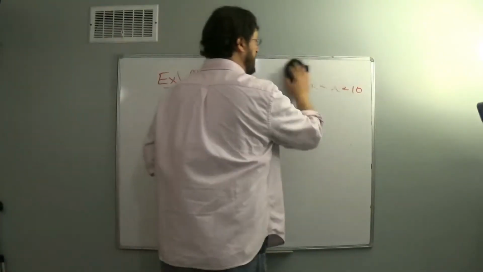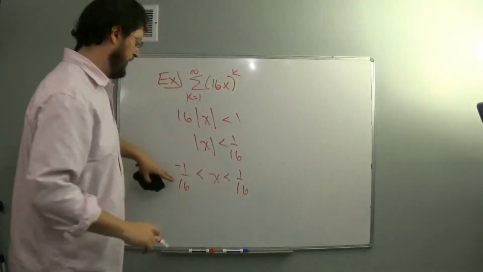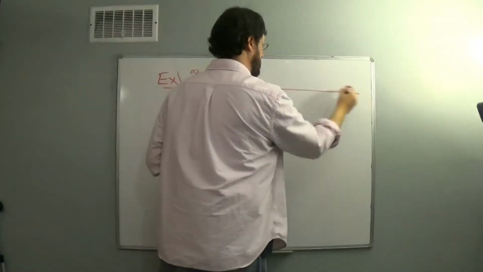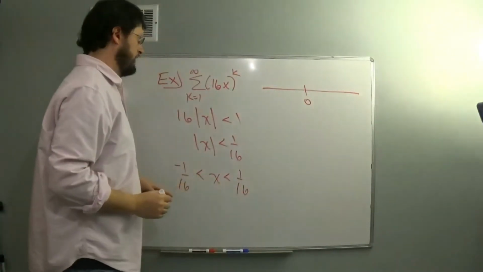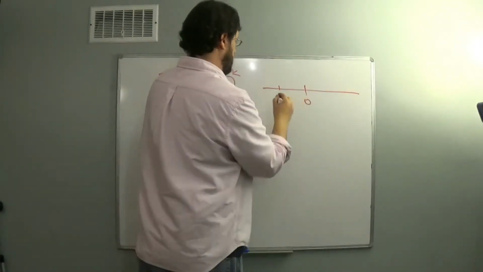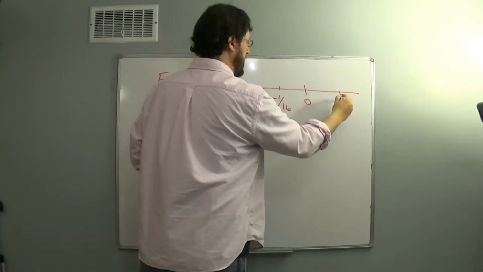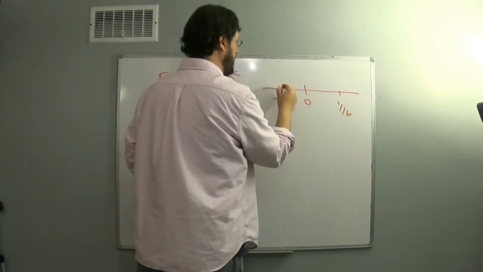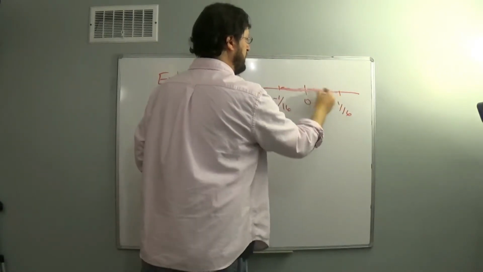So the language here, if I were to graph this, and this is negative 1/16, and this is positive 1/16, we know that it converges for all of those values.